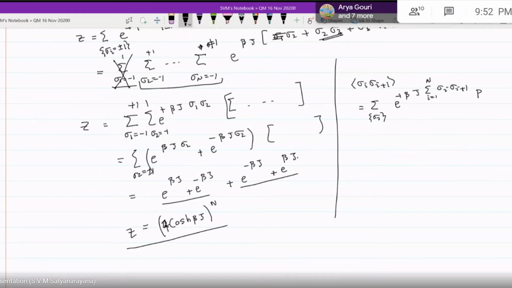So that is essentially sigma i sigma i plus 1 divided by Z.